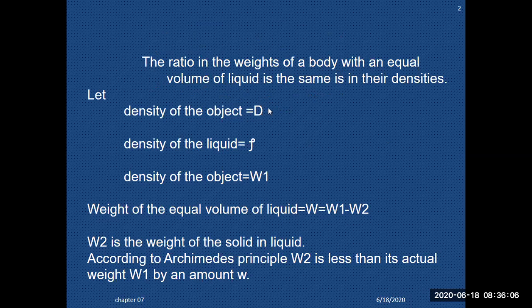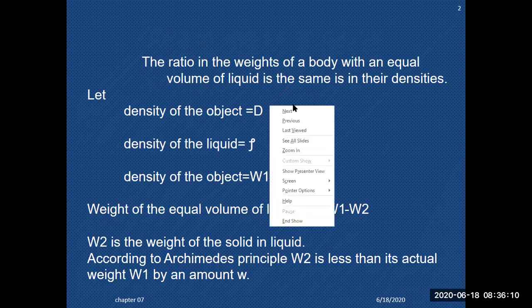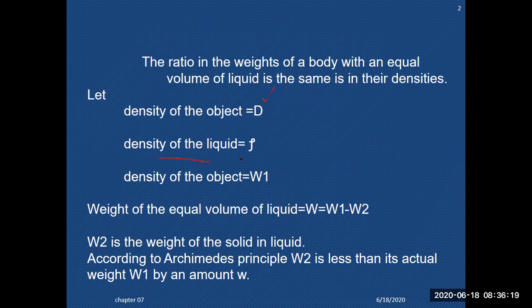The density of the object, D, and the density of the liquid, rho.